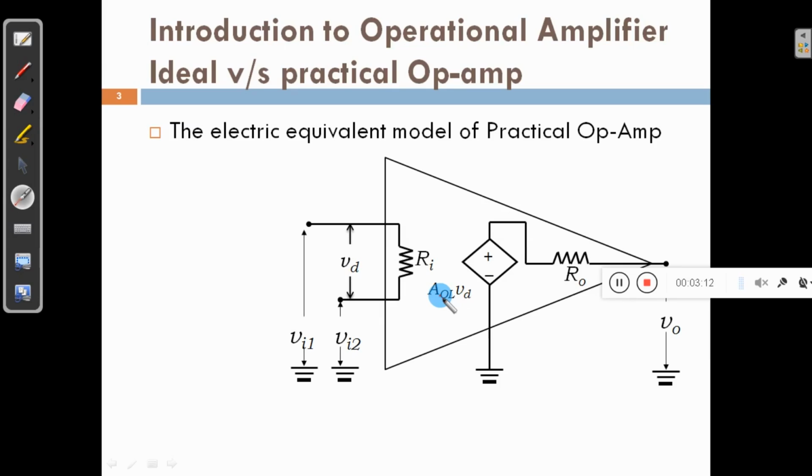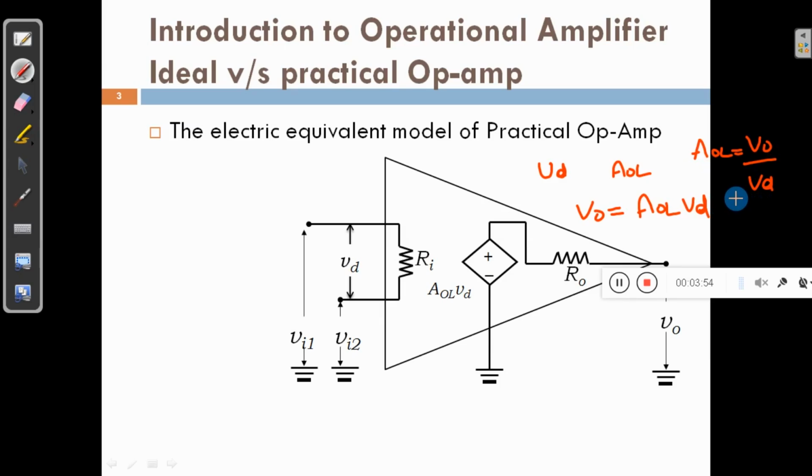Suppose VD is the input voltage you are giving to the amplifier, and AOL is the open loop gain. Then Vout is nothing but AOL into VD. Otherwise, AOL is nothing but Vout divided by VD. This is called the open loop gain.